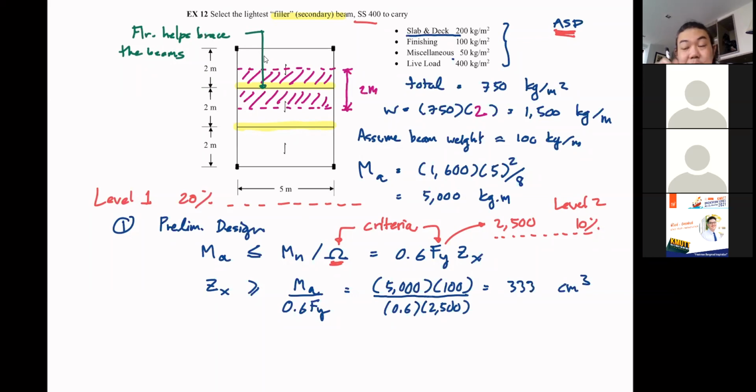But let me tell you this now. I was becoming a steel folk when I was doing my degree, and when I was taking the pre-stressed concrete class, I completely forgot to include the weight of the concrete beam. The weight of a concrete beam is not going to be this light.